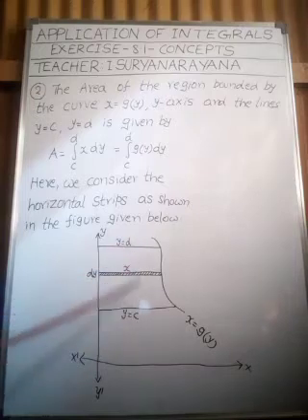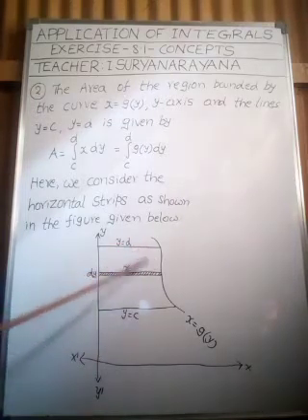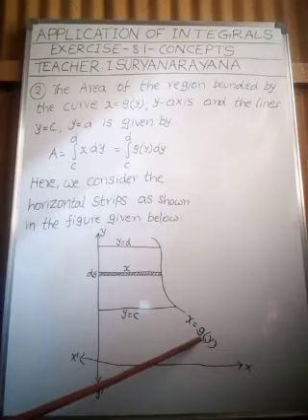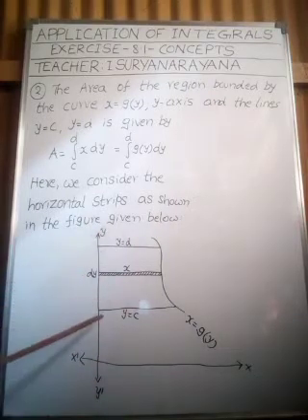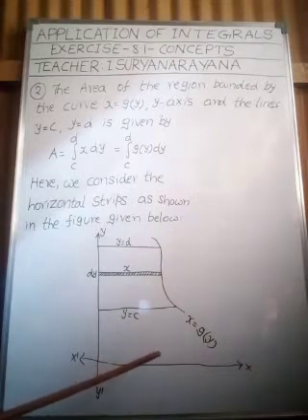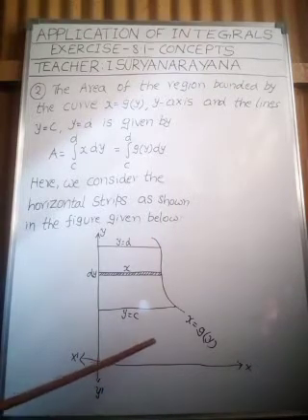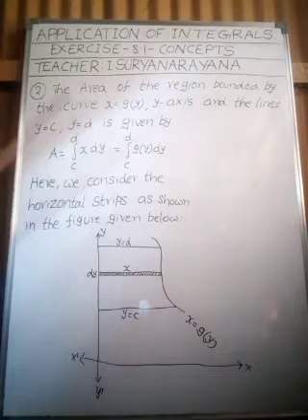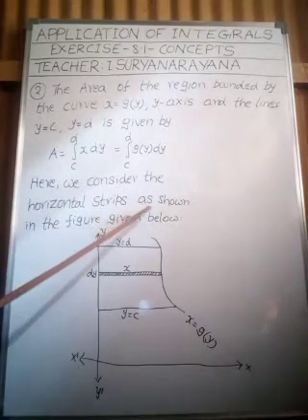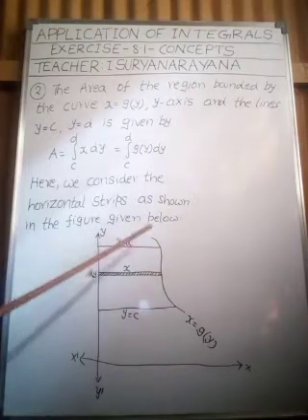Between these two lines, we have to find the area of the region bounded by this curve x is equal to g of y and the y-axis. Understood this point, my children? Understood the difference between the previous point and this point? Yes. Here we consider the horizontal strips as shown in the figure given below.